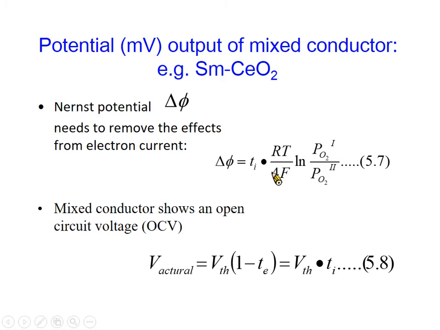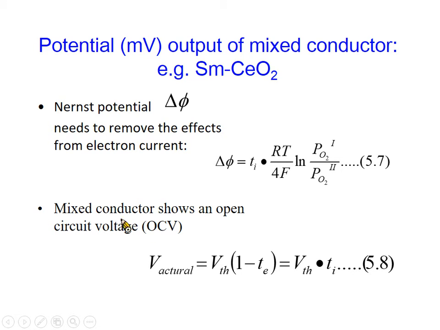So by using these Nernst equations, we are able to get this value of this electrolyte. Normally it equals 1.1 eV at a high temperature such as 650 degrees centigrade.